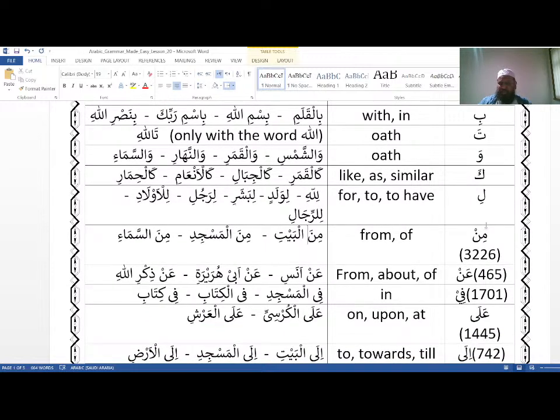And then we have إلى, to, towards, or till. إلى البيت, to the house. إلى المسجد, to the masjid. إلى الأرض, to the earth, towards the earth.